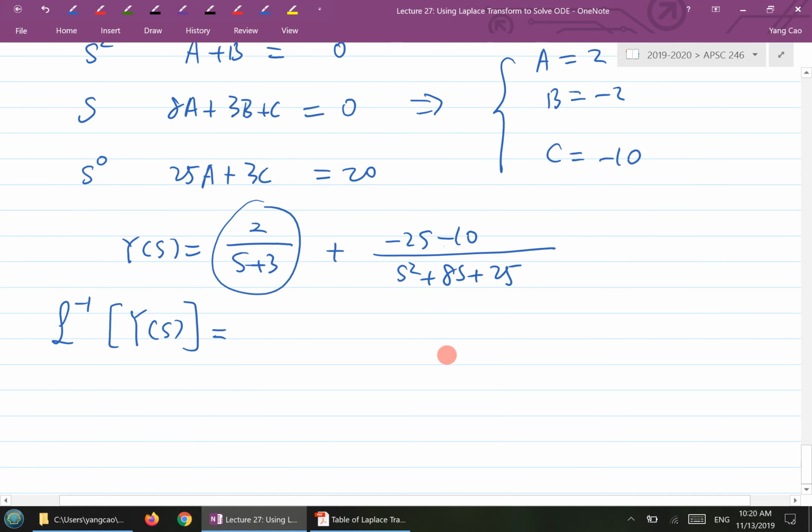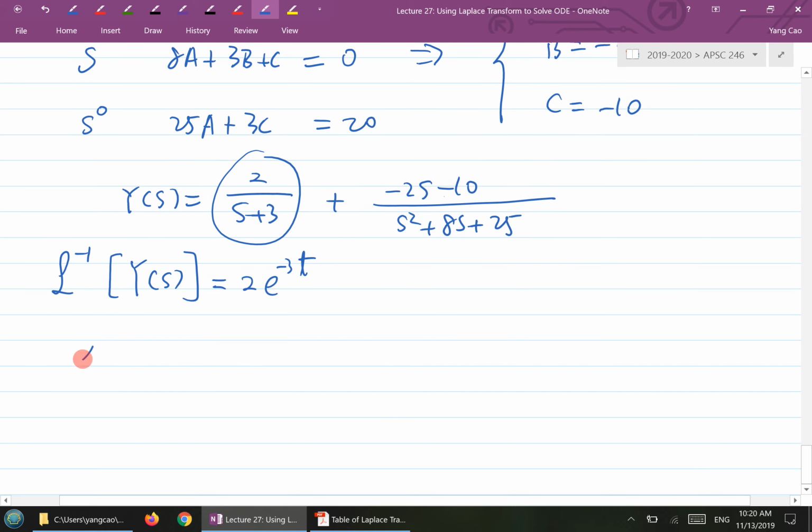Okay, so for the inverse Laplace, the first one is pretty simple. The first one is 2e to the power of negative 3t, right? That's pretty straightforward. So what is the inverse Laplace of negative 2s minus 10 over s squared plus 8s plus 25 then?